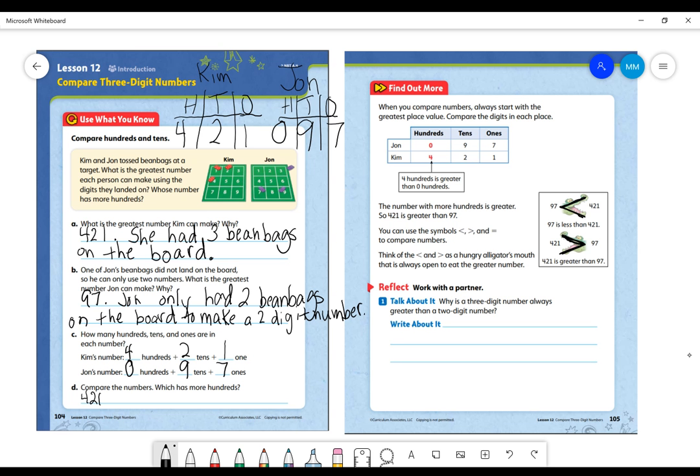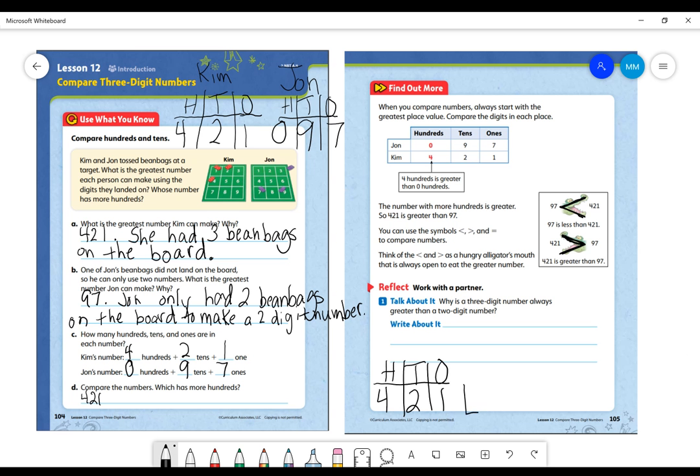All right, let's look at number 1 for reflect. It says, why is a 3-digit number always greater than a 2-digit number? We kind of talked about that up here. Why is a 3-digit number always greater than a 2-digit number? So think about 421. We talked about how it had 4 hundreds, 2 tens, and 1 one.